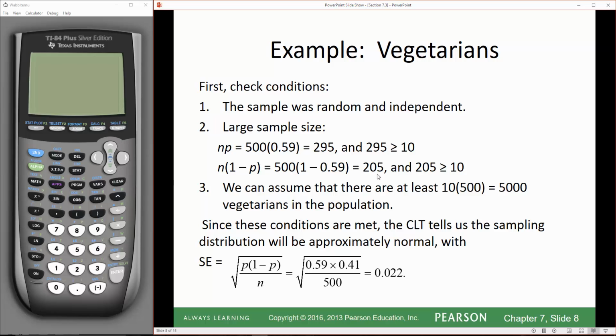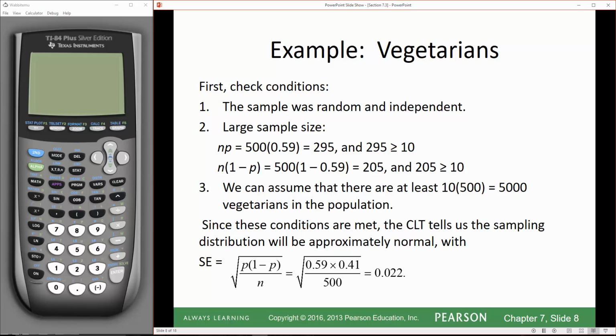You can see those calculations. And then we need to check, can we assume that there's at least 10 times 500 vegetarians in the population? Yes, that seems to be a fair assumption, that there's at least 5,000 vegetarians in the population.